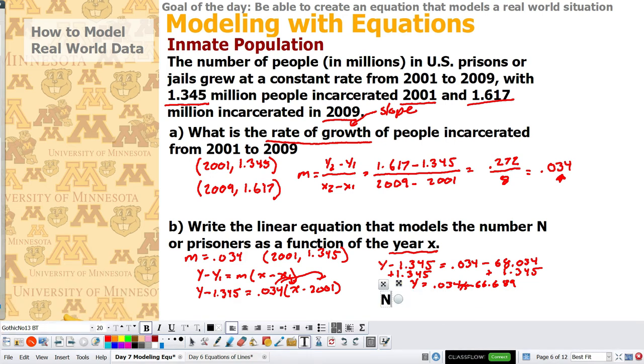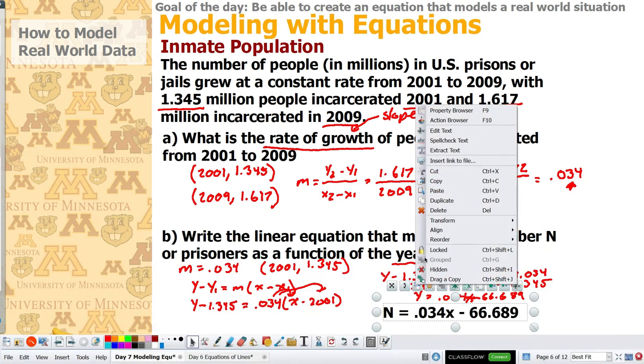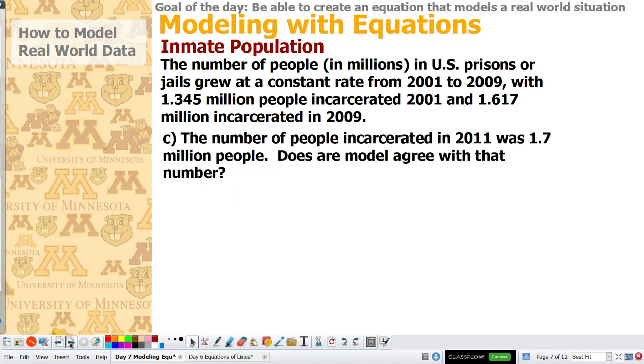The prison population equals 0.034x minus 66.689. All right. I'm going to copy this. There's our equation, because our next question is going to use the thing we just created.